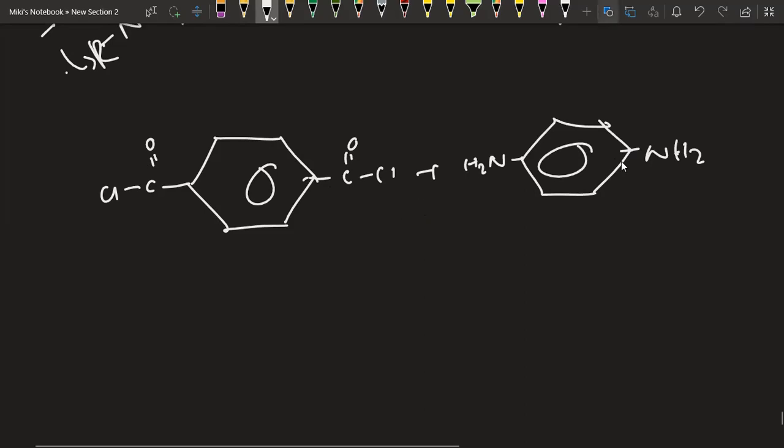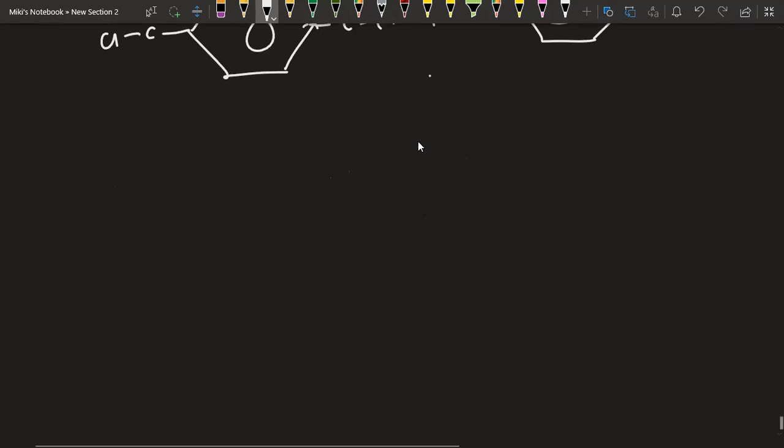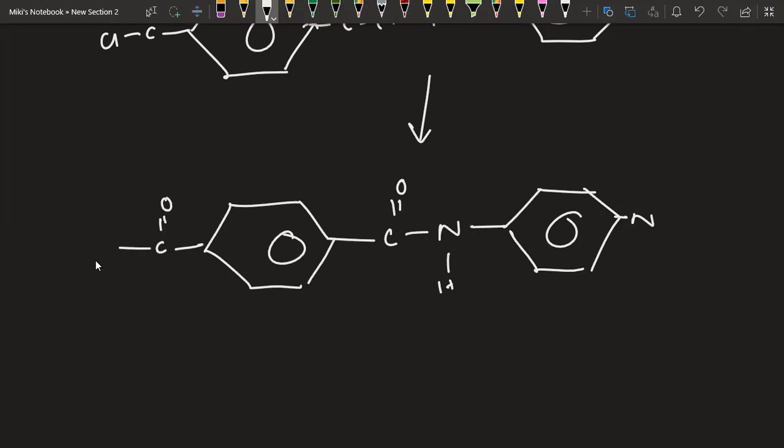Now the chlorine and one of the hydrogens disappear, forming our amide linkage. So this is the portion which repeats itself.